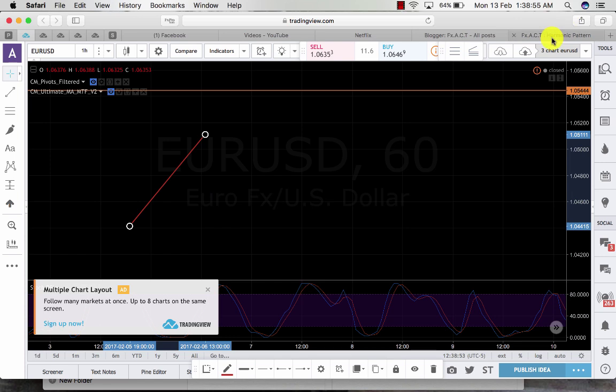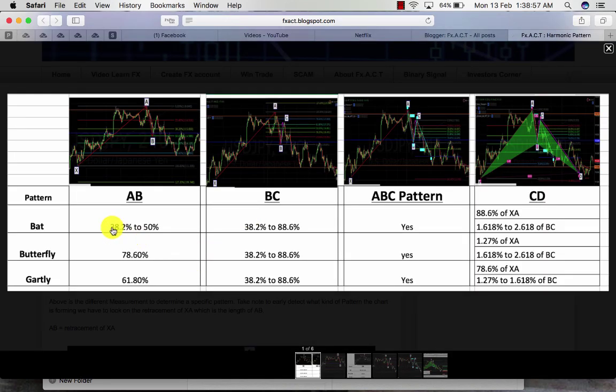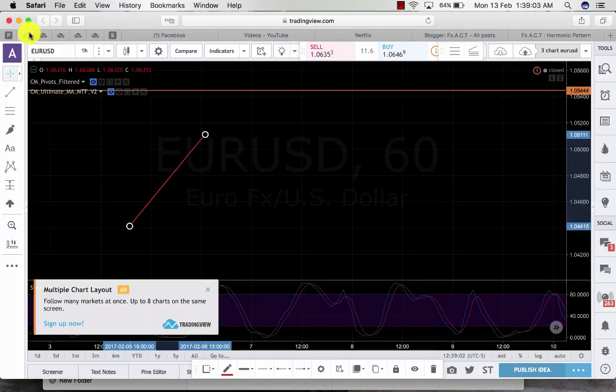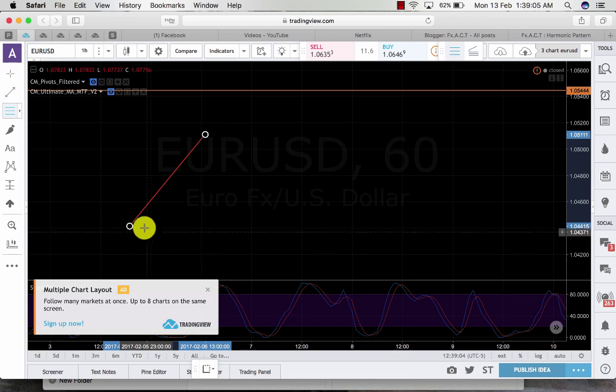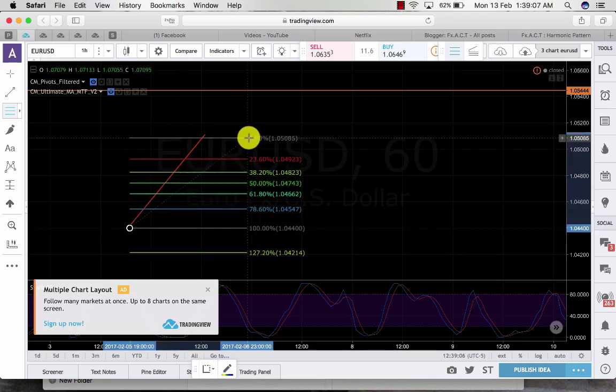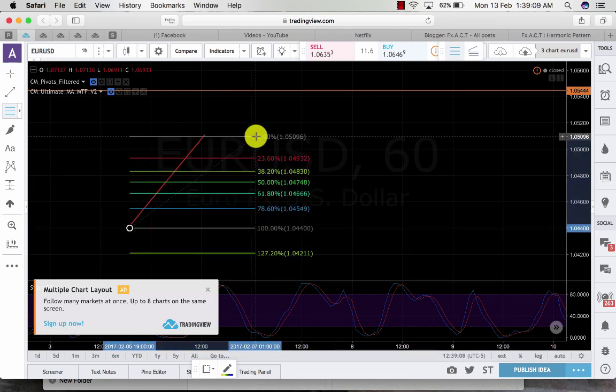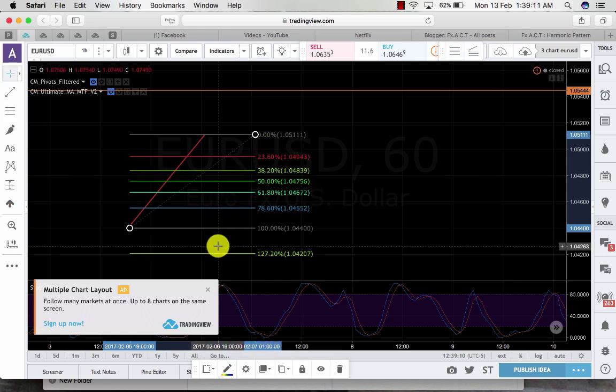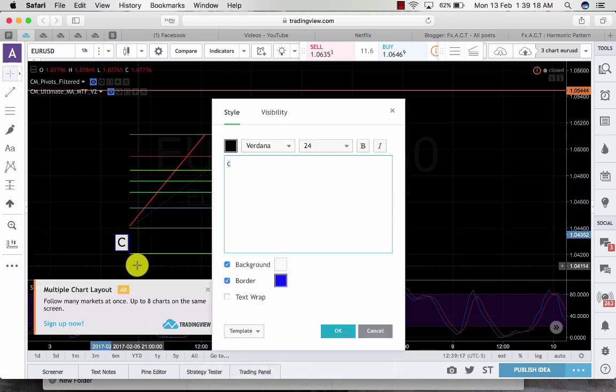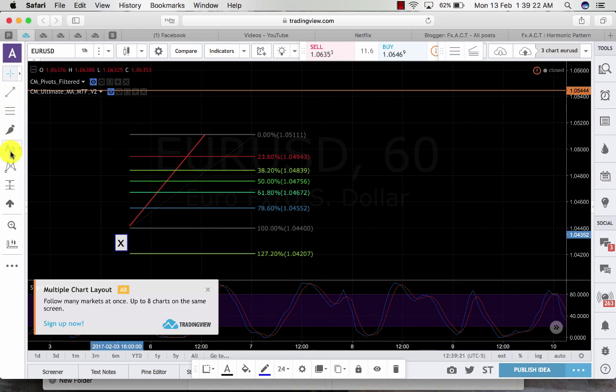If we're going to identify a bat, it says that the AB is 38.2 to 50%. So, if we're going to measure that, the retracement of X, we will just put this an X. Okay, we put this an A.